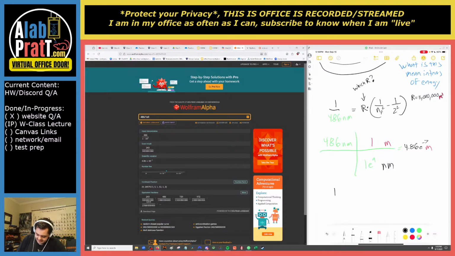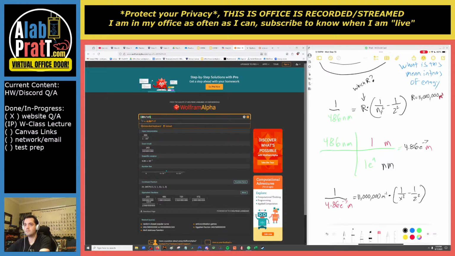I've now changed my length to meters, equal to my R, which I'm staying as 11 million. That's one side of my equation.